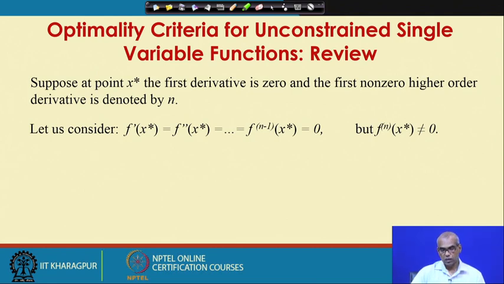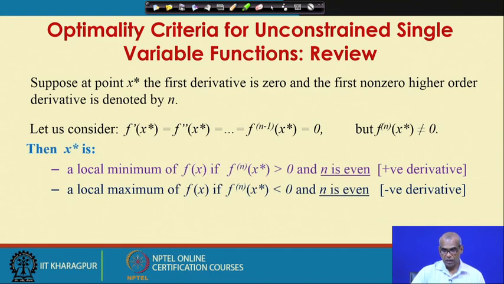Now, if n is even, then there will exist a local minimum or local maximum. A local minimum of f(x) at x equal to x star will happen if n is even and the nth order derivative is positive.